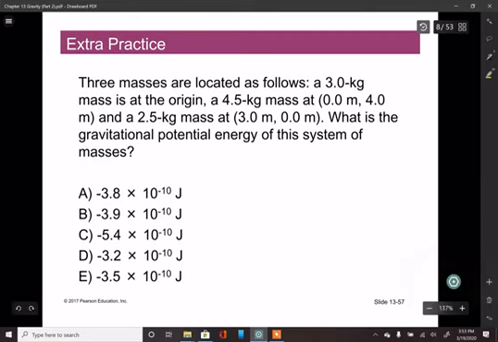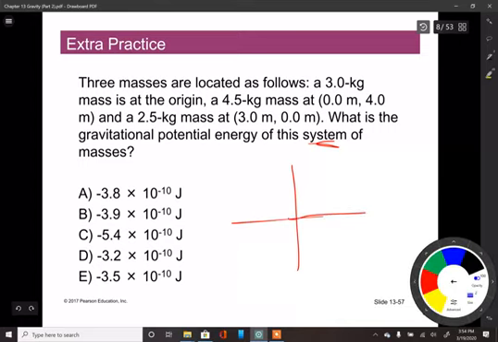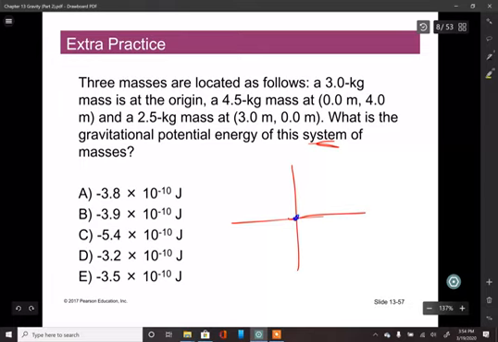This one's a little bit more time consuming. You're given a description of where masses are and asked about the gravitational potential energy of the system of masses. So the first thing to do is kind of draw this out. We have our coordinate system, and we're going to put 3 masses on it. One's at the origin, one is at 3, 0, and one is at 0, 4, roughly.